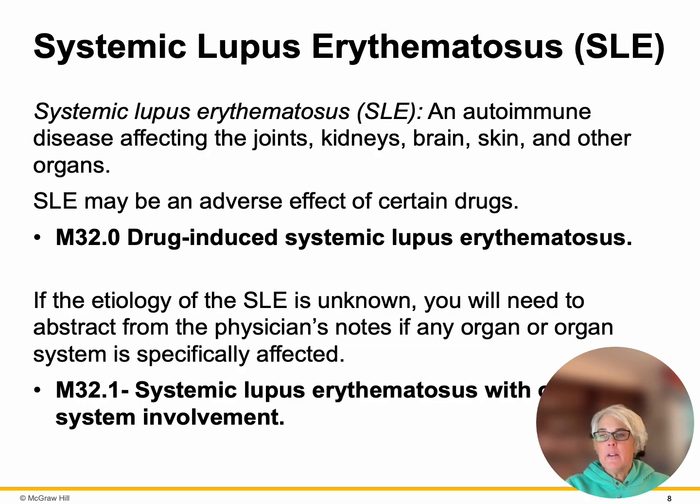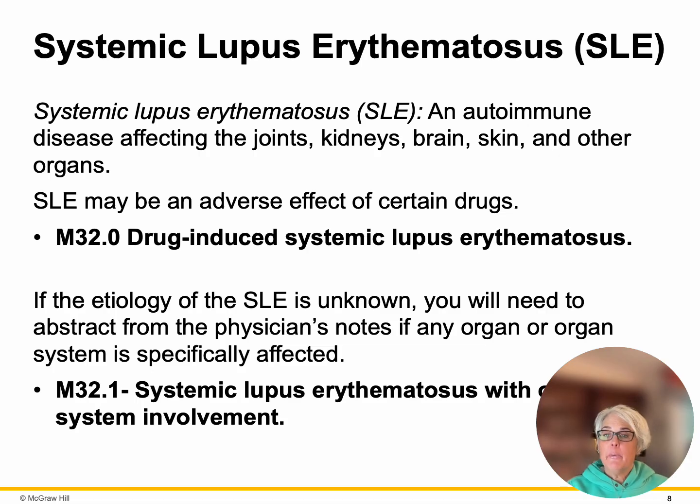That means we must know which organ is impacted. So, really pay close attention to the documentation about nephritis, pericarditis, skin lesions, or other specific organ damage. That gives you details on how to select the appropriate code.